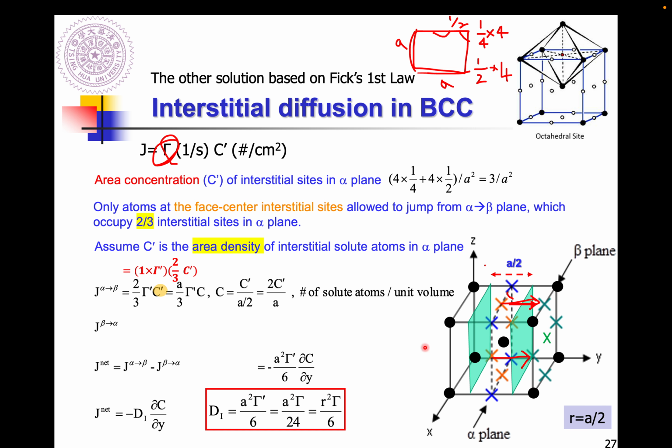But we know that our boundary conditions do have a net flux passing through along the y-axis.